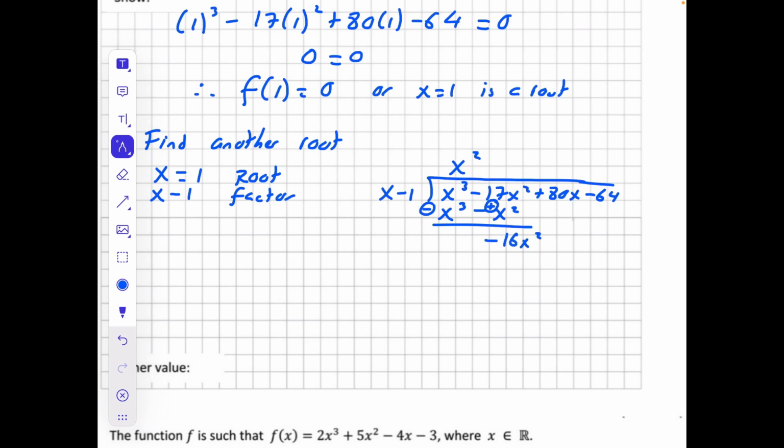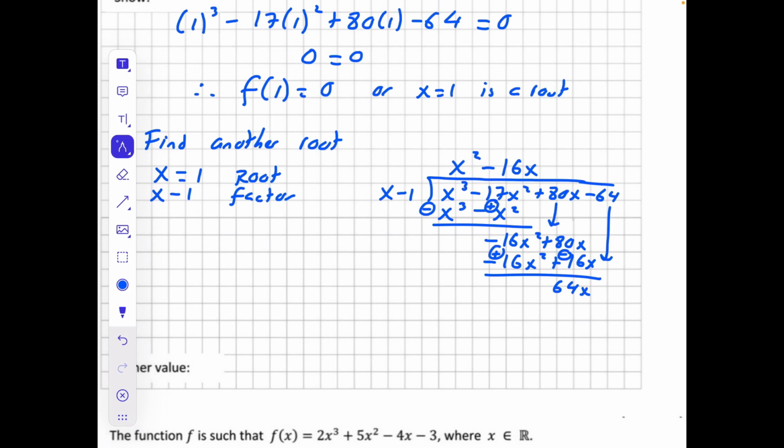Minus 17x squared plus x squared will give me minus 16x squared. Bring down the plus 80x. x into minus 16x squared will go minus 16x times. Minus 16x multiplied by x will give me minus 16x squared. Minus 16x multiplied by minus 1 will give me plus 16x. Change our signs.